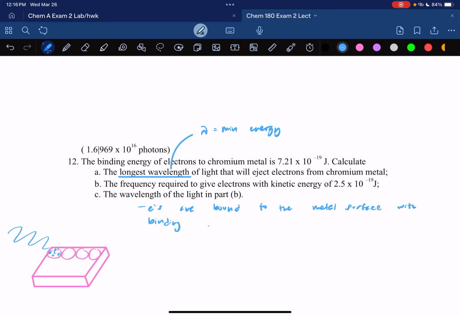Okay, an electron bound to the surface with binding energy is something we call... How much energy is required to dislodge that?